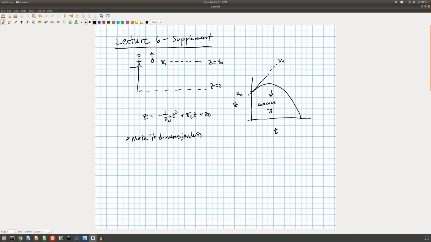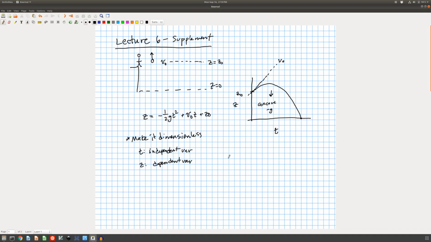First, I needed to identify all the variables, the parameters, and the dimensional constants in the equation. So, variables: I have t, that's the independent variable. z is my dependent variable. Those are only two.